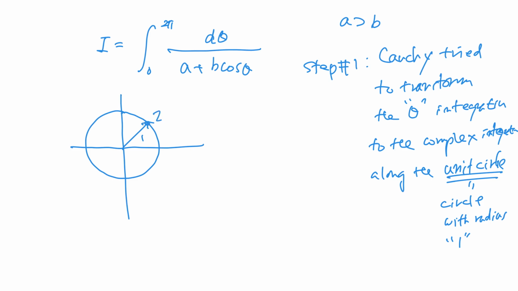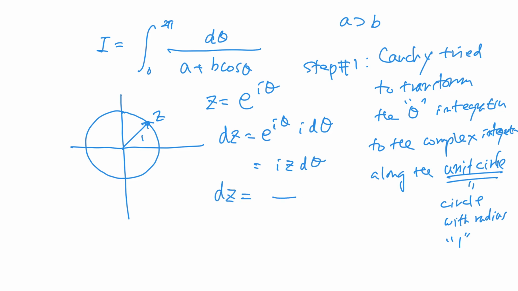So you put z as exponential i theta. Then, of course, dz is exponential i theta times i d theta, right? And this can be i z d theta. So d theta is the same as dz over iz. That's the first step.